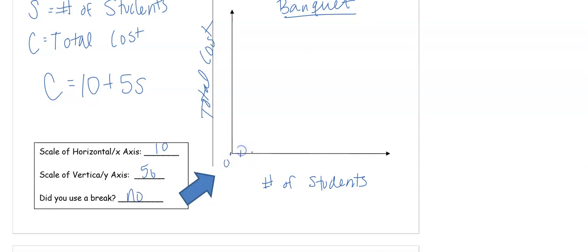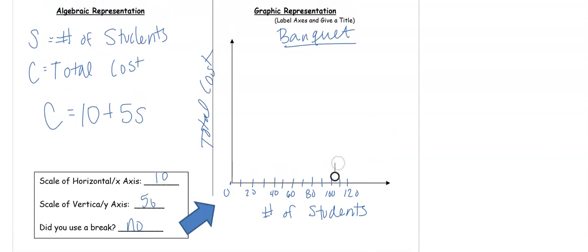So I'm going to say 10, 20, 30, 40, 50, 60, 70, 80, 90, 100, 110, 120. And then my scale, I could do 50, 100.